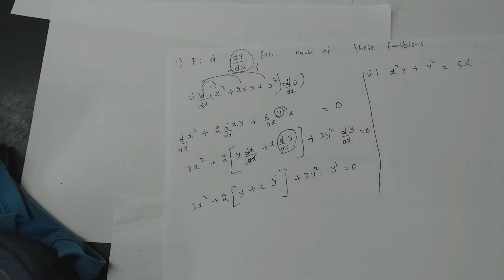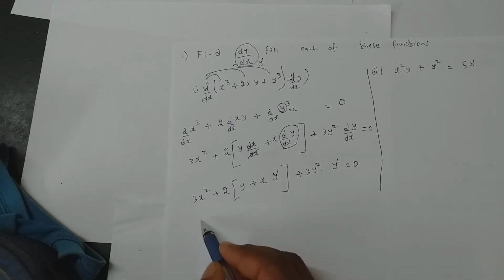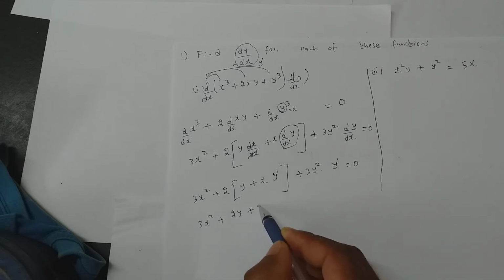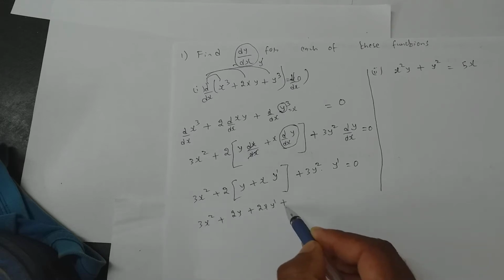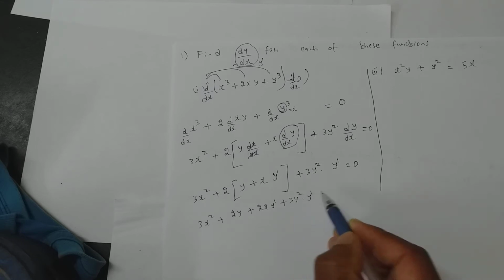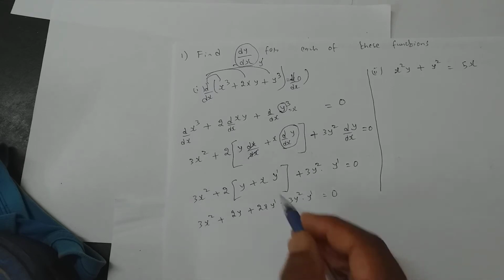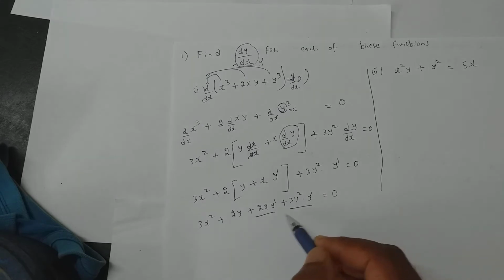So how do I make y dash the subject? Open the bracket, place all y dash terms on one side. Once you open the bracket, what do you get? 2x y dash plus 3y square into y dash equal to 0. So leave the y dash terms here, send all the others to the other side. When they go to the other side, what do they become?